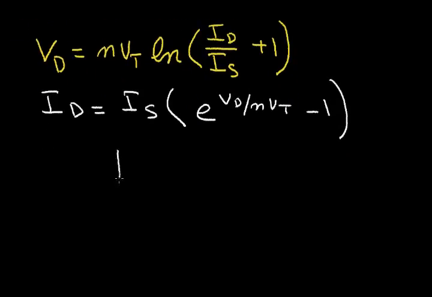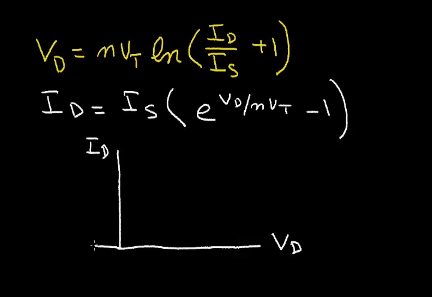So let's graph the voltage current relationship of the diode using these equations. So let's plot current in the diode, I sub D, versus the voltage in the diode, V sub D. And for negative voltage, we'll extend our axis this way.